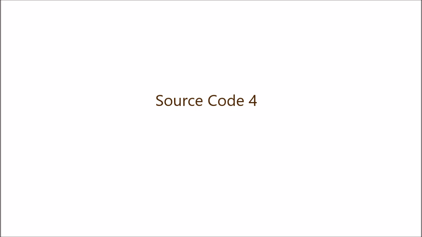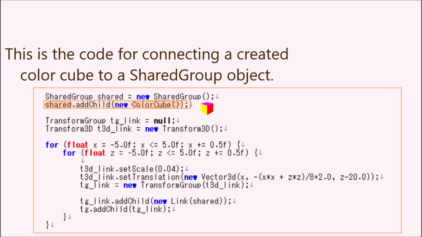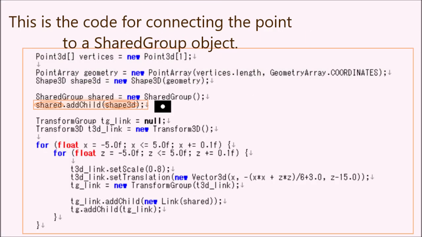Source code 4. Graphing an equation using points in an XYZ space. This is the code for connecting a created color cube to a shared group object. This is the code for creating a point. This is the code for connecting the point to a shared group object.